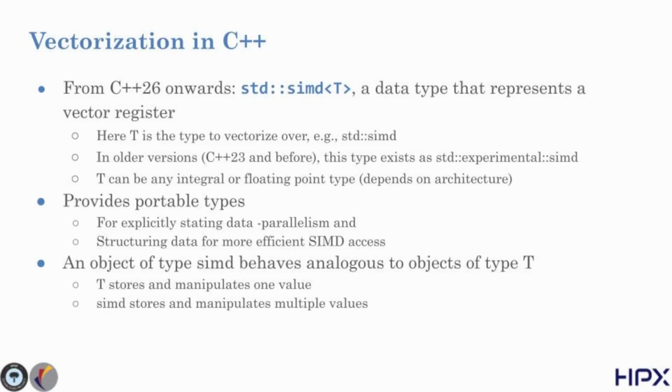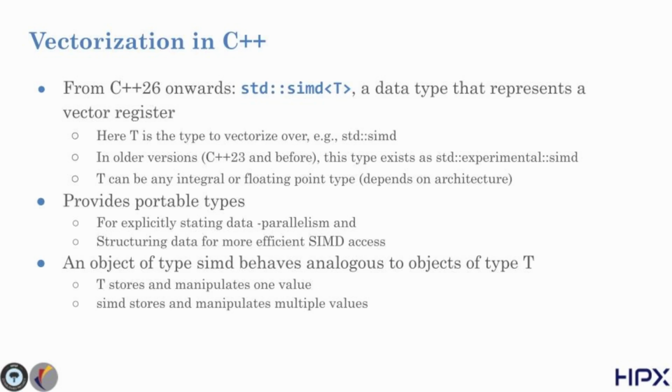So in std::simd<T>, T is any type that can be vectorized, usually arithmetic types such as integers, longs, doubles, or floats. The number of values you can put into a simd<T> depends on the architecture. Some architectures support vectorization for doubles, some have larger vector registers.